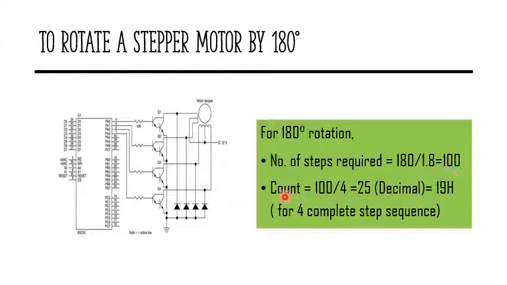So a count value of 100 by 4, that is equal to 25 in decimal, is needed. This count of 25 is used for exciting the motor coil with 4 complete step sequences. Then the execution is stopped and the motor rotation is halted. The program is given in the table which is in the preceding.